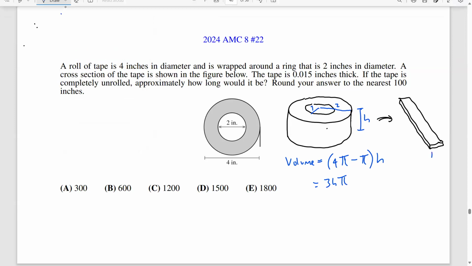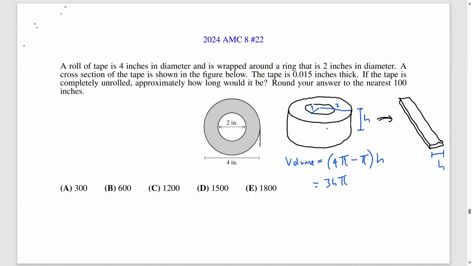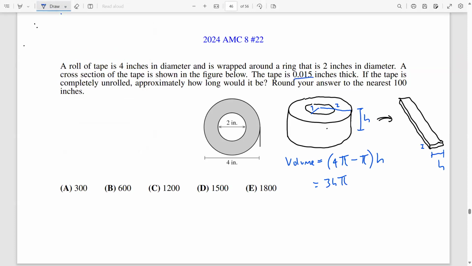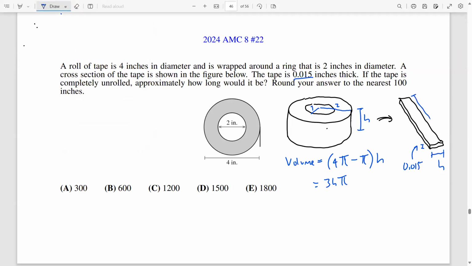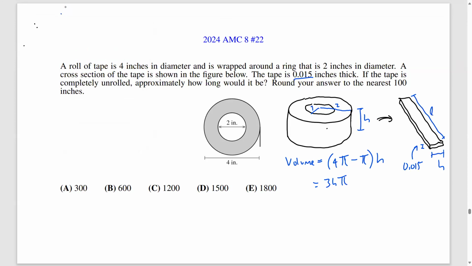We'll see that the width of this very long prism is going to be the height of the tape, which is h. The height of this rectangular prism is going to be the thickness of the tape, which is 0.015, and the length is what we're trying to solve for.